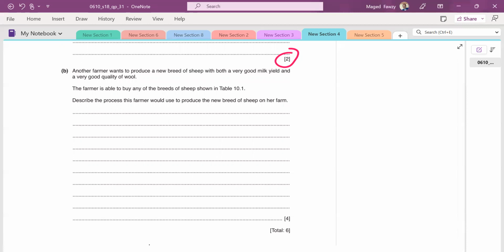Number one, select the desirable traits. Number two, let them breed together or mate together. They produce offspring, and let the offspring breed together over many generations. Then we take the offspring and let them mate to pass these traits over generations. That's the four marks. If they give me any trait in the world to do selective breeding with, I will use the same way.